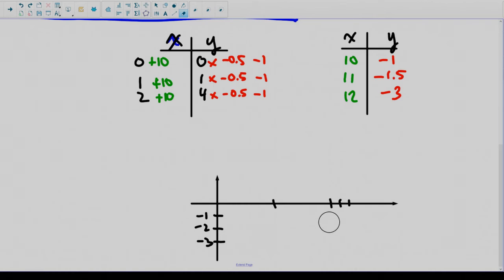Okay, I'm actually going to write my 10 a little bit smaller than that. Okay, so let's plot our points. I'm going to use blue for that. So 10 and negative 1 would be approximately here. 11 and negative 1.5 would be approximately here. 12 and negative 3 would be approximately here.